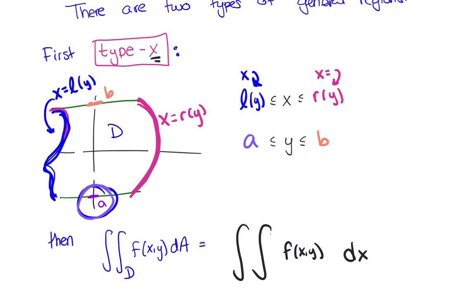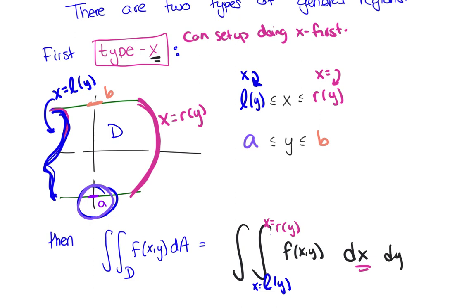Type x just means we can set up doing x first. So x goes from that left side to that right side. These are x equals functions because it's x focused, and it has to be a function of y. After that, we're going to do our y's, and the y goes from a to b. I am allowed to have y's in the x bounds because afterwards I'm going to integrate with respect to y. So we can set up these integrals in either order depending on the function.